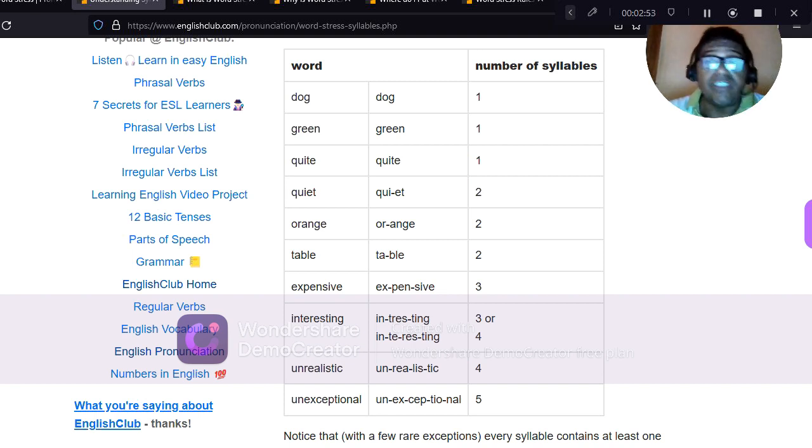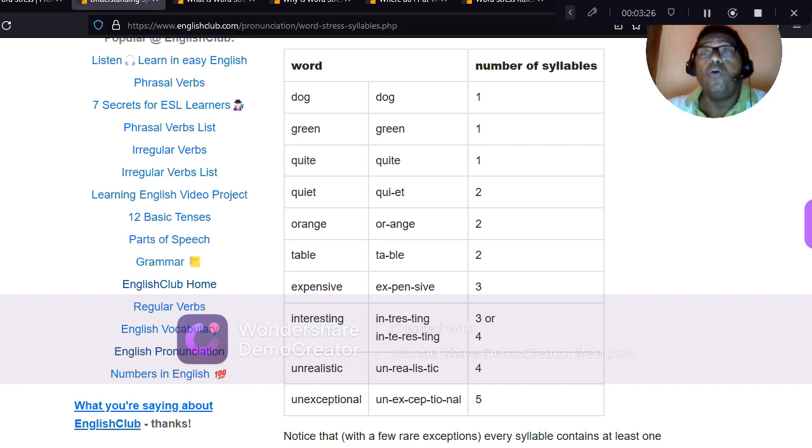The next one, notice the syllables it has. Qua, yet. Qua, one, yet, two. Two syllables. Notice the next one. Orange. Two syllables. Table. Expensive. Three syllables. Interesting.